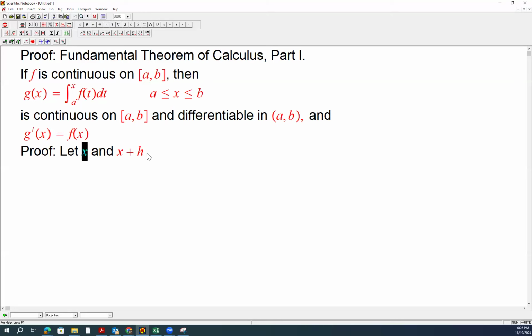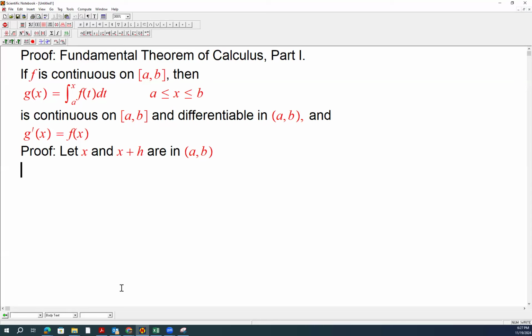We choose x and x plus h both inside the interval (a, b). The goal is to prove that g is differentiable inside the interval (a, b), as we choose x arbitrarily inside the interval.